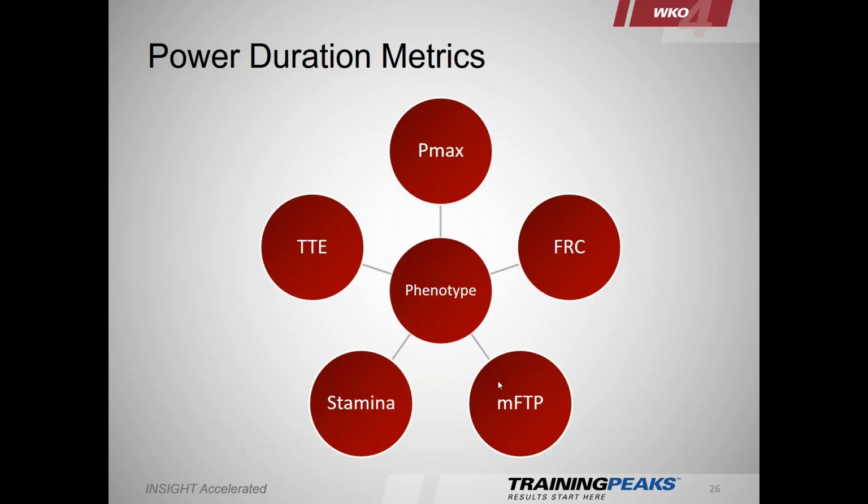And then you're like, oh, crap, I forgot, we're doing some shorter racing. I need to raise that athlete's FRC and Pmax. So you start pushing those up, and suddenly FTP drops a lot, and stamina also drops maybe. And then you get to see this ongoing relationship with the cost benefit of specific training strategies.